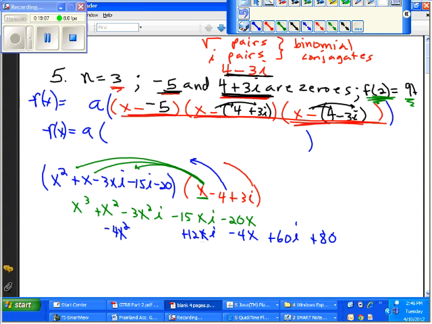Now I'm going to multiply the 3i through. 3i times x is 3xi. 3i times x squared is 3x squared i. There's one of those. That's a positive. 3i times x is 3xi. 3i times negative 15.